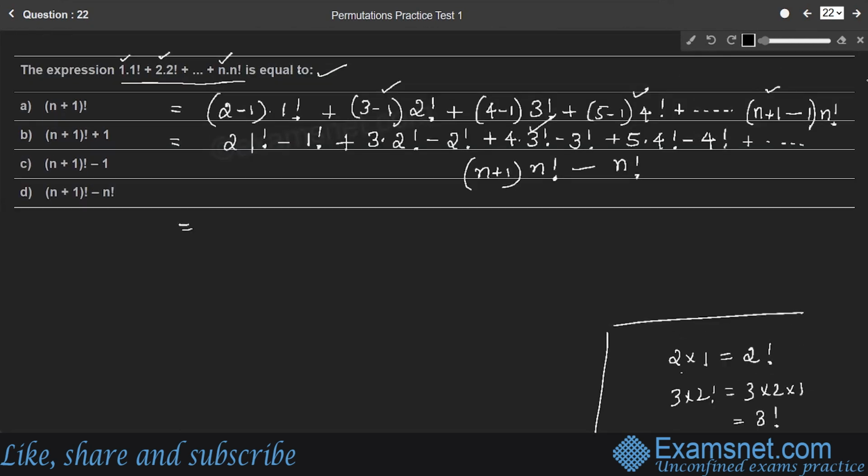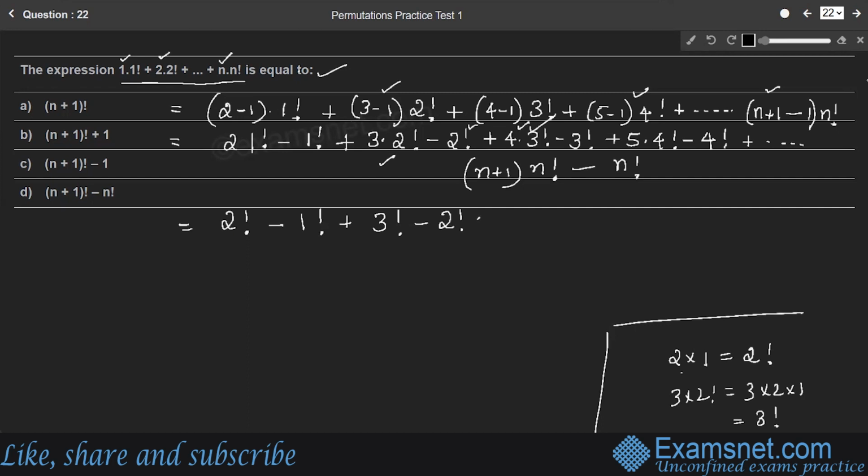Here 2 into 1 factorial is 2 factorial minus factorial 1, plus the third term is 3 into 2 factorial, which is nothing but factorial 3 minus factorial 2. So we'll keep this factorial 1 part as it is. We are focusing on the product of the number and the next factorial, right?